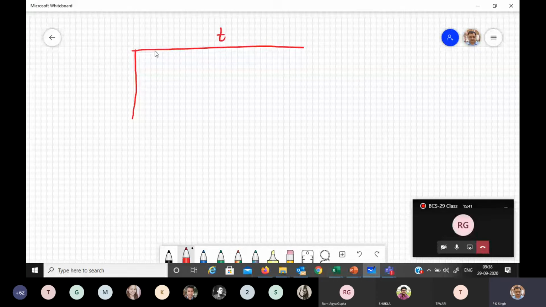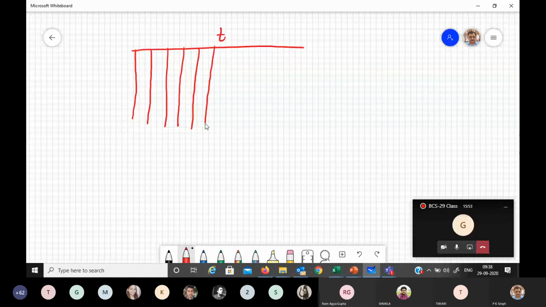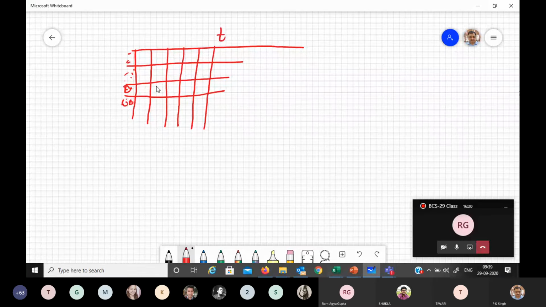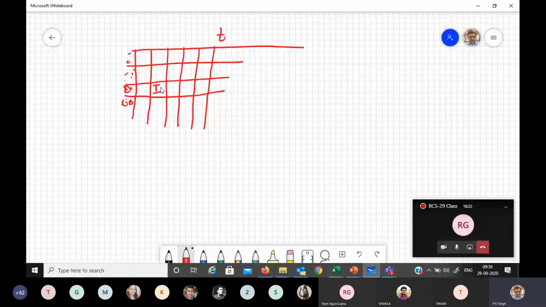This is the time axis, and these are the slots for pipeline clock. After that you have the execute unit. These are the previous units, and this is write back. So here instruction I1 is executed.